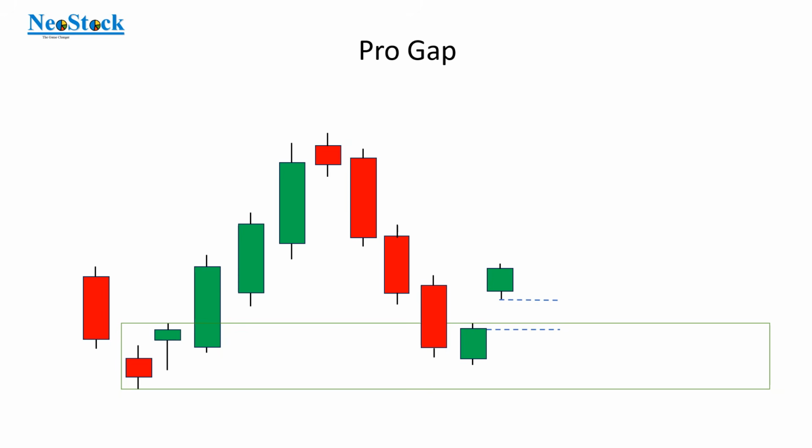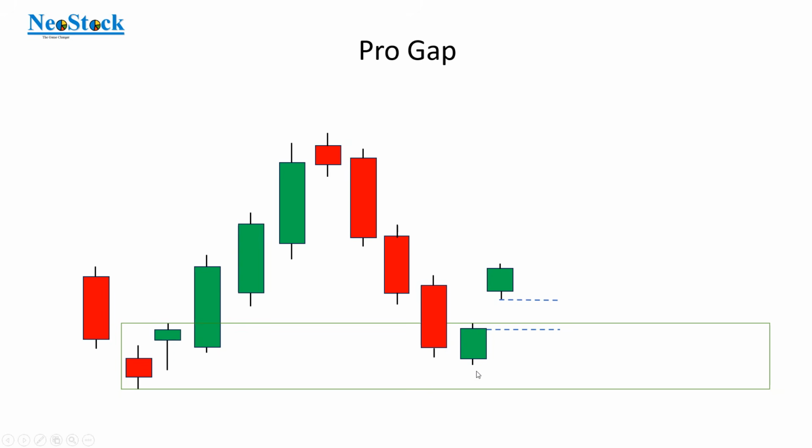But how do we know these gaps are created by the professionals? Because we already know demand is the buying area. And who will be buying? Professionals who have an idea about these demand zones or supply zones.